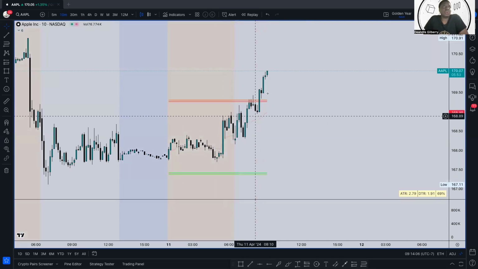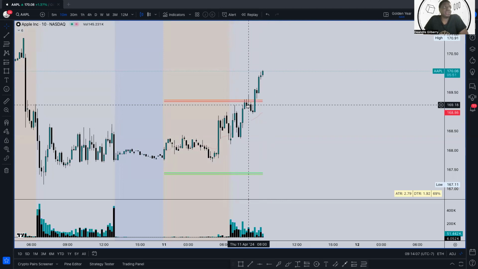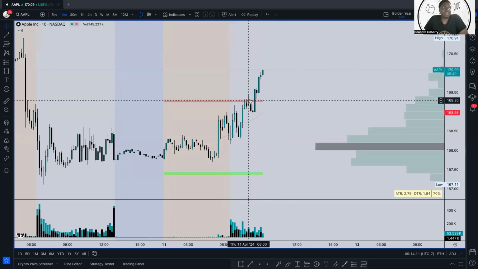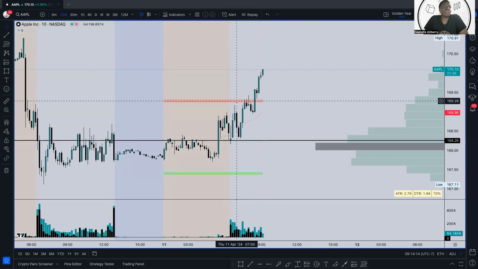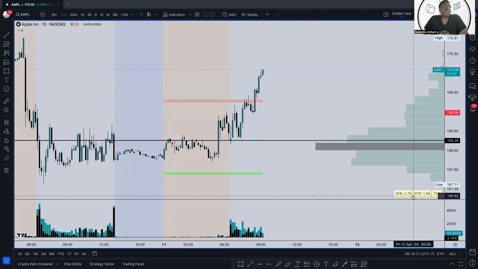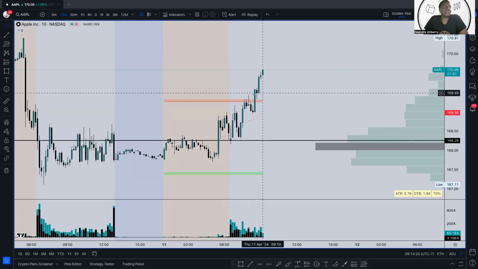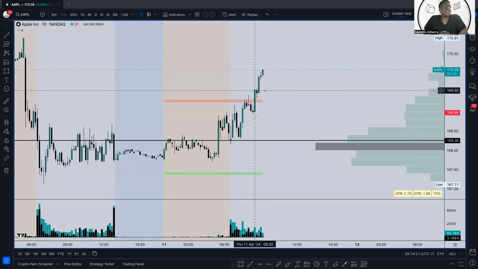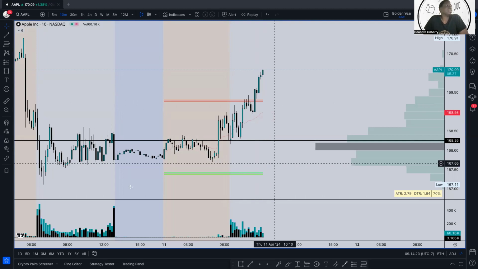And now we're clearing, we cleared this range here. That was that true range. Now we cleared that and spaced out, broke out, got that little flag, and now we're out and about.